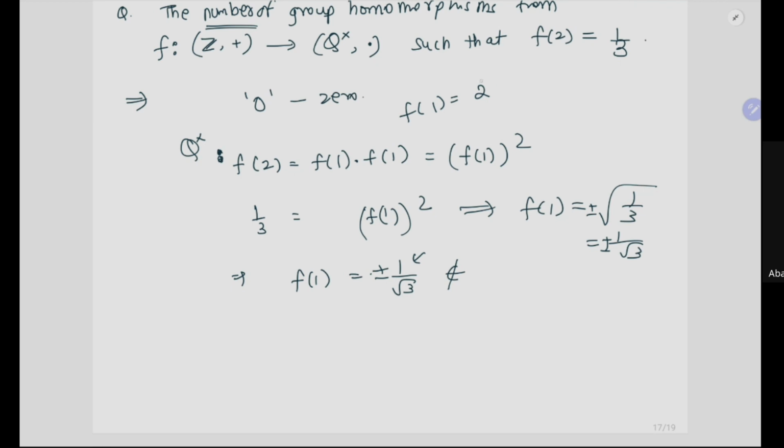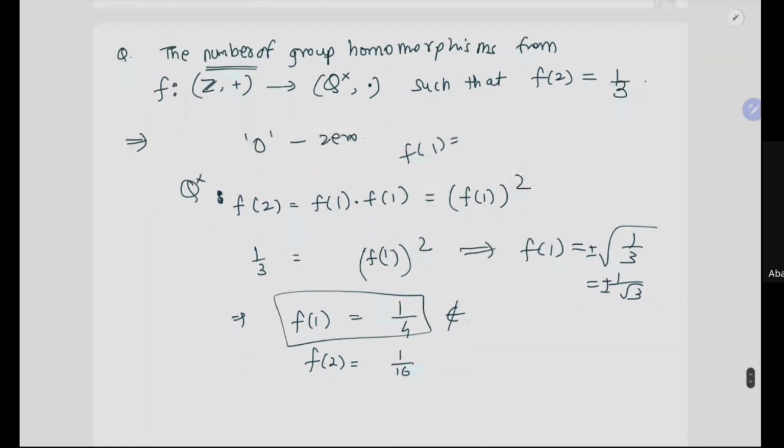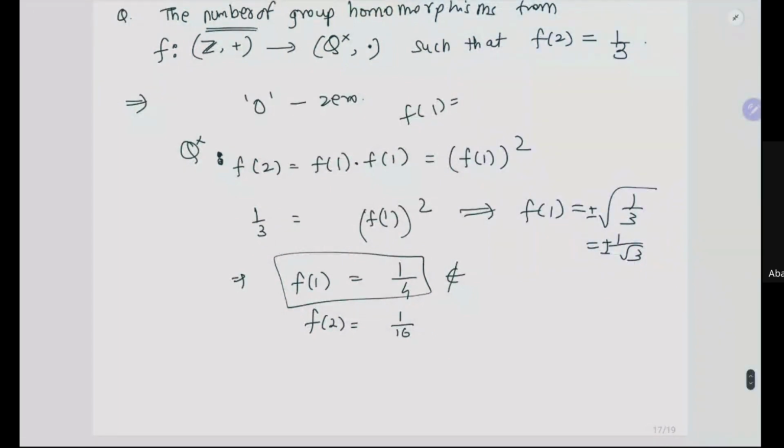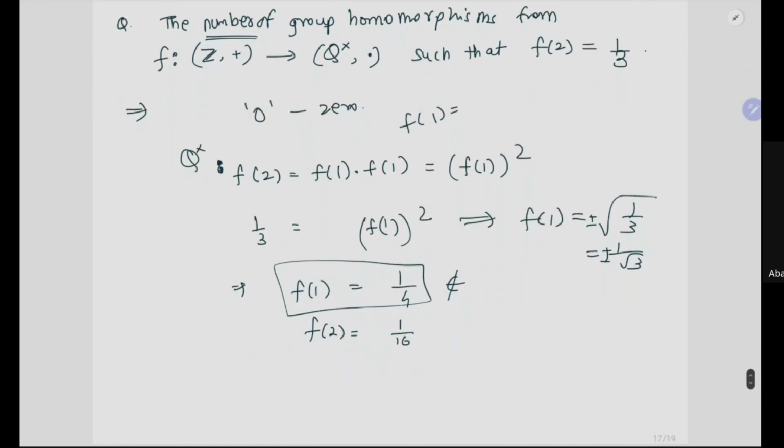Or, if this was 4 instead of 3, then f of 1 we can define to be 1 by 4, then f of 2 is 1 by 4 into 1 by 4, 1 by 16, and so on. So in the case of a cyclic group, the entire group homomorphism can be obtained using just the generator of the domain.